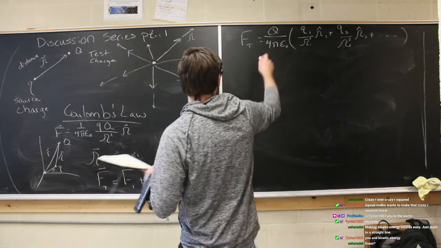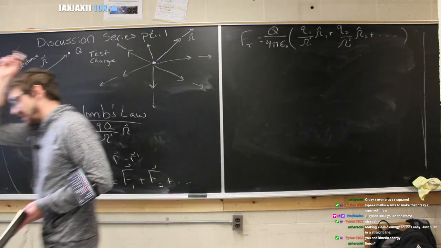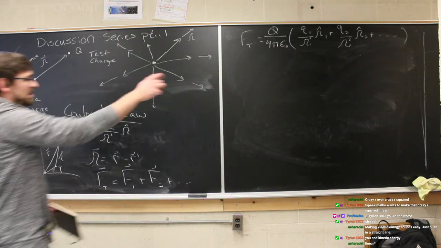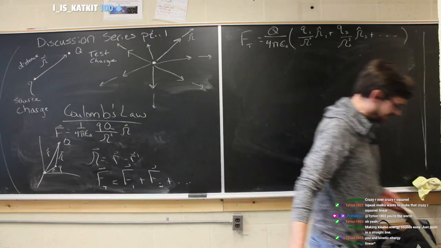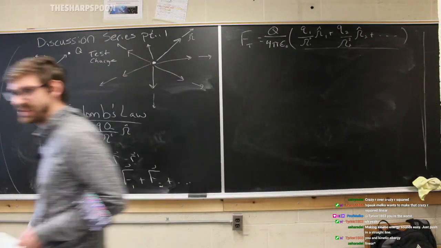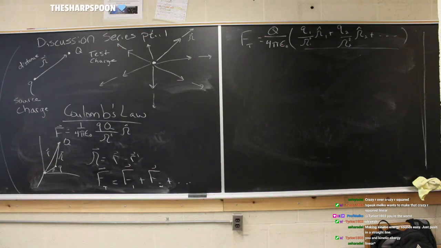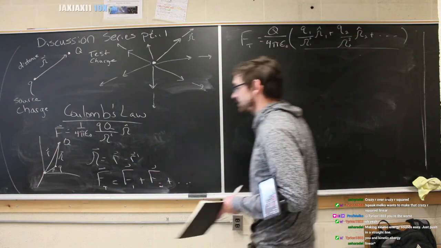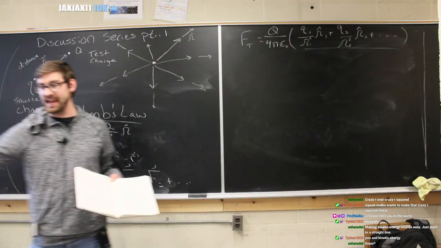So now we have this thing right here, which is a constant, the test charge, and then a bunch of constants on the bottom. But what is this? Is there something to tell us what that is? It seems that each source charge can have some sort of different influence on the test charge. We should have a name for that.